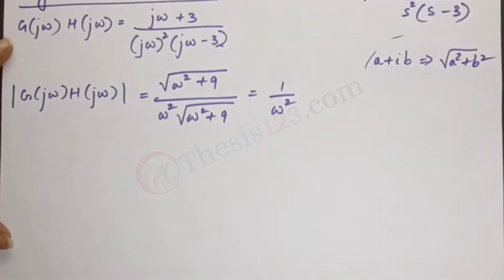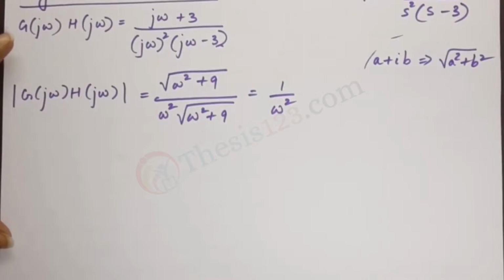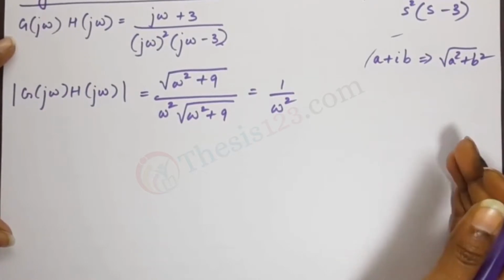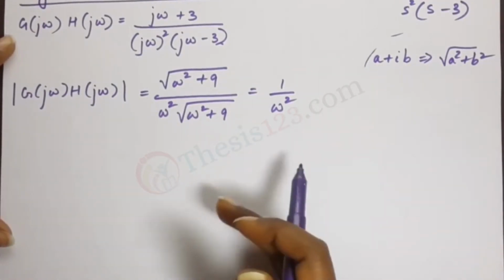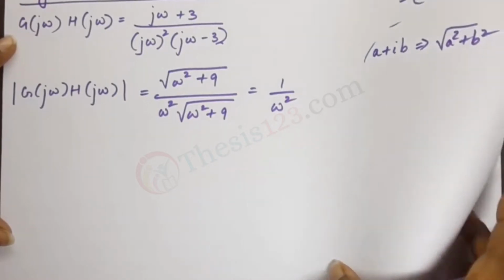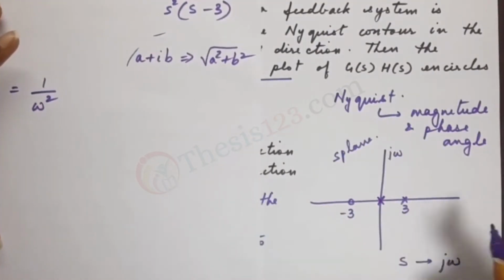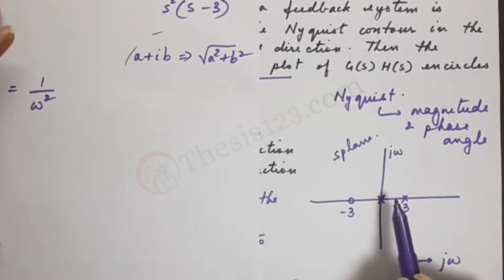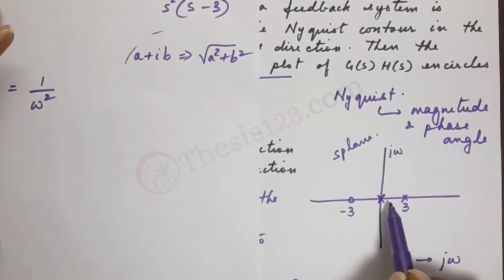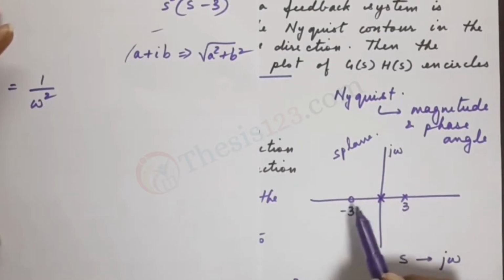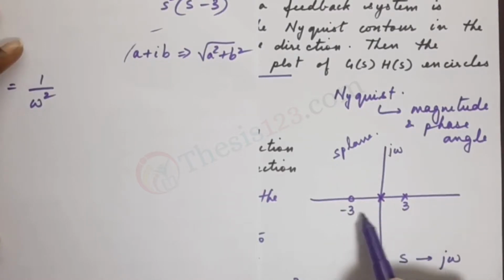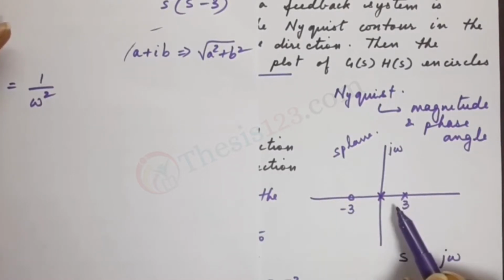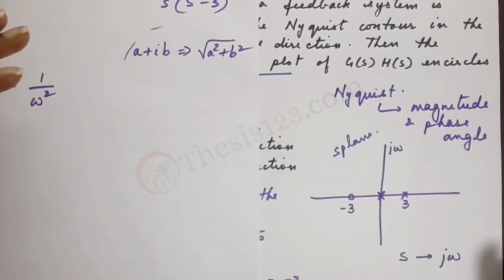In terms of direction, you have to remember a couple of points. If the pole is closer to the origin, we move clockwise. If a zero is closer to the origin, we move anticlockwise. Take a look at this rough diagram: we have 3 and minus 3. Don't consider the poles that are on the origin; apart from that, consider the other pole and zero. You will notice that minus 3 and 3 are equally spaced from the origin, so we cannot tell which is closer in order to know which way we move.